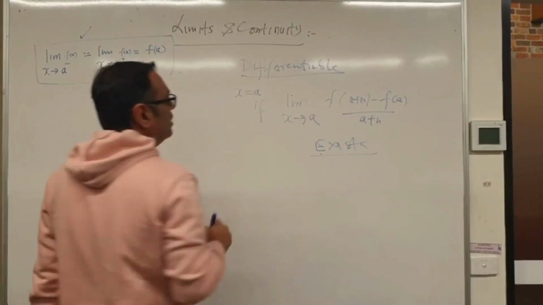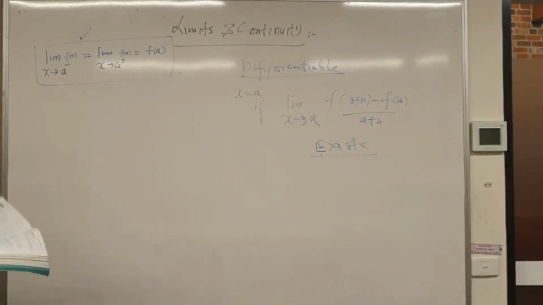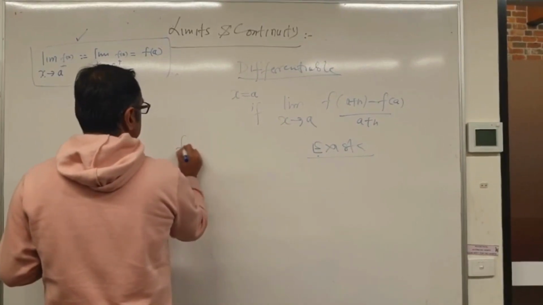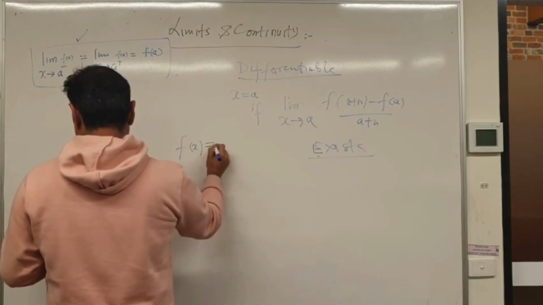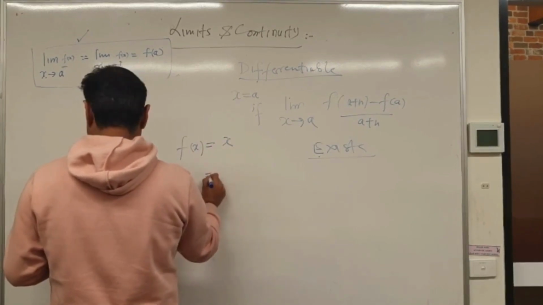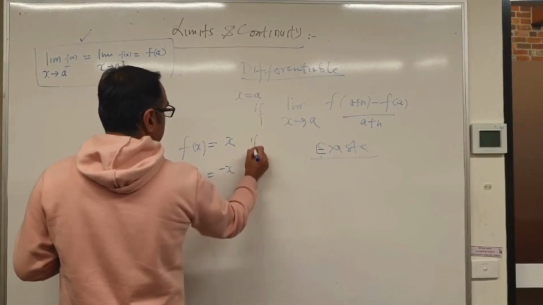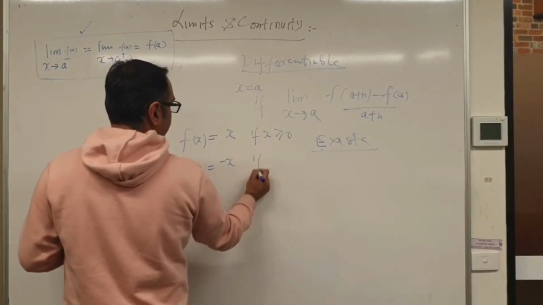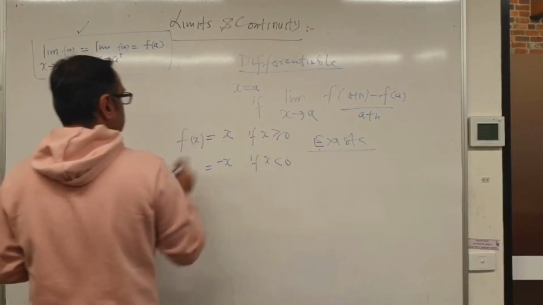Now let's take an example. Let's say my f of x is x if x is greater than or equal to 0, and minus x if x is less than 0.